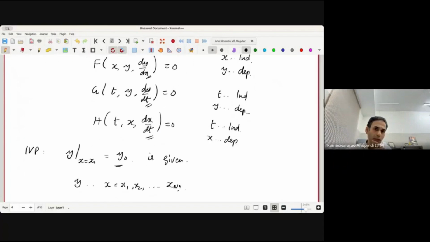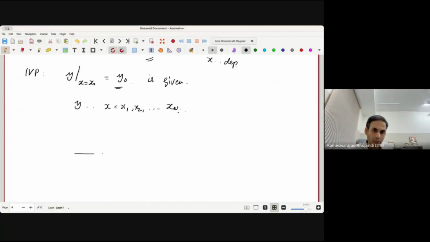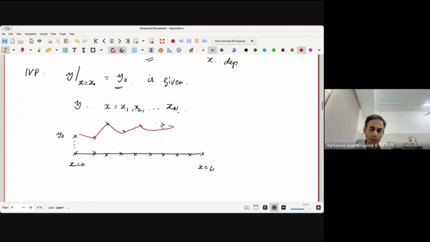Let's say this is x equals 0, and x equals L. The y value here is given, which is y naught, and then we need to calculate it at all the different points. We will obtain certain values here, and that is how the function is going to look.